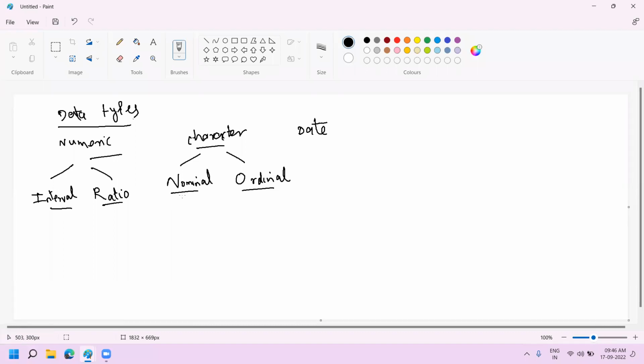Variation is chapter number 3 or 4, variance and standard deviation. See, unless you know these things, it becomes very difficult for you to interpret your results in ML.